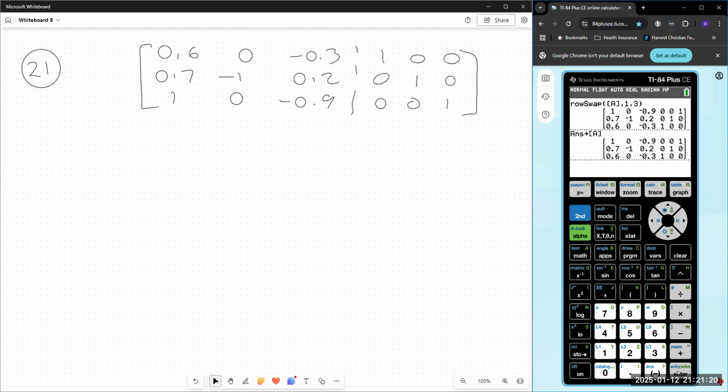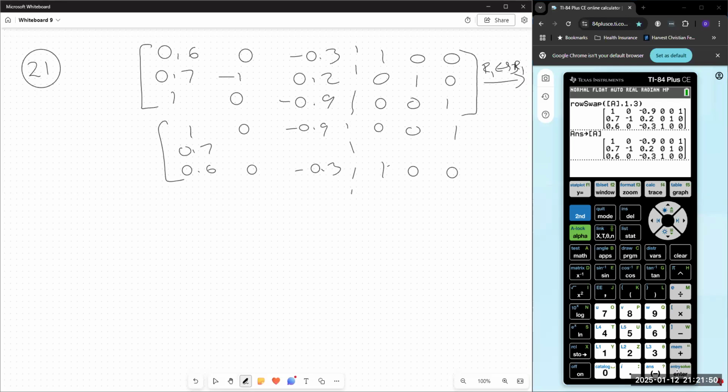So now I want to use that 1 to my advantage. I'm going to multiply row 1. So this was swap row 1 and 3 to give me 1, 0, negative 0.9, 0, 0, 1, 0.6, 0, negative 0.3, 1, 0, 0. This one stayed the same.